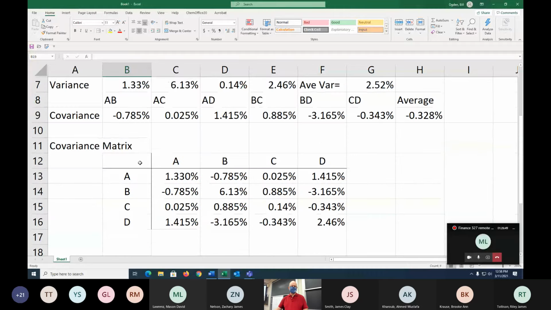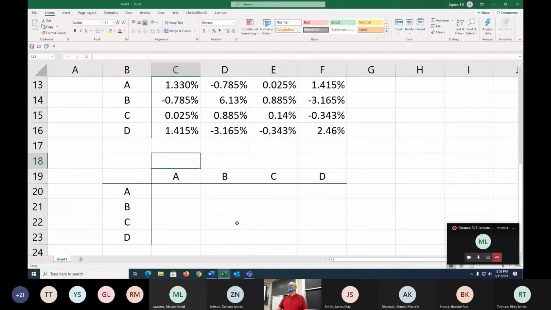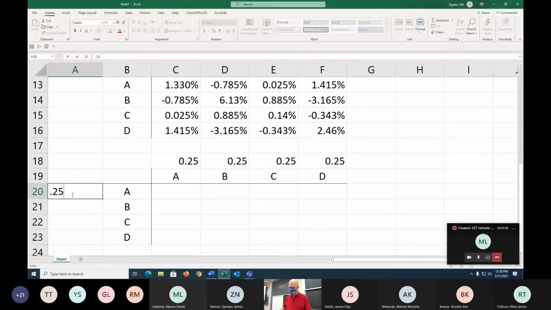Now, right above the name of the stock down here, let's put down our investment proportions. Our whole exercise is based upon what's called the equally weighted portfolio, 1/4. So 25% in each of these stocks, and then 25% this way.